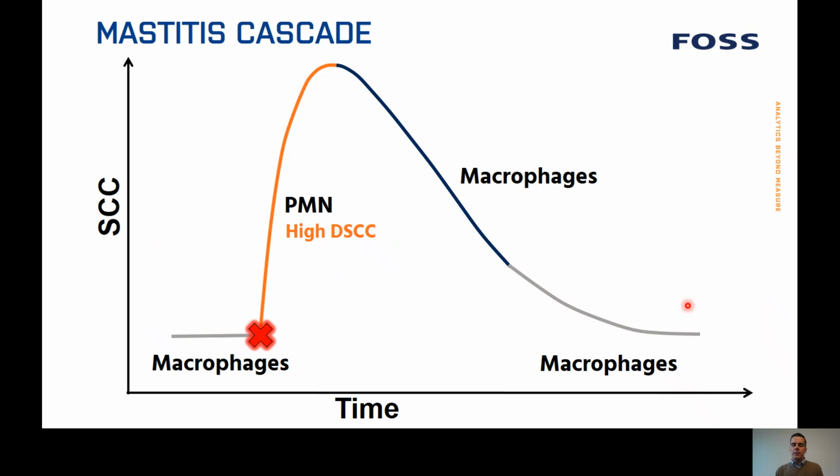In the last stage of the infection, we see somatic cell count returning to normal levels and macrophages with surveillance functions predominate again. The lymphocytes that I mentioned on the previous slide, they only play a minor role in this process.